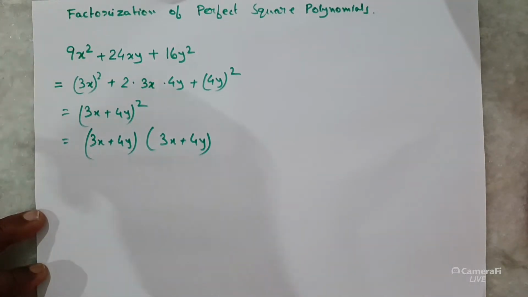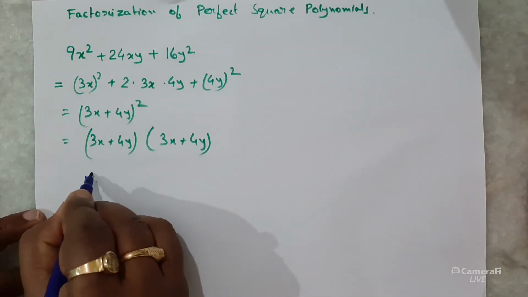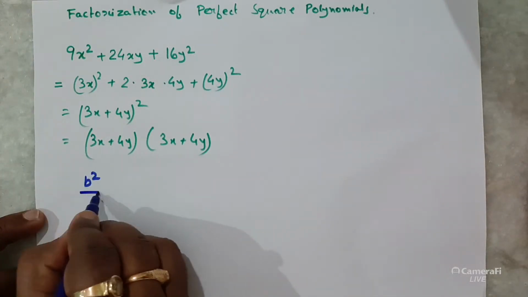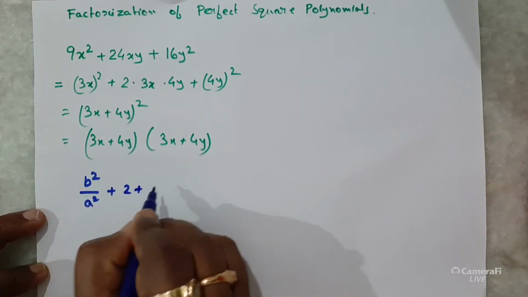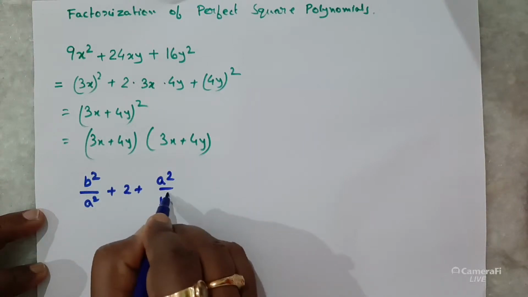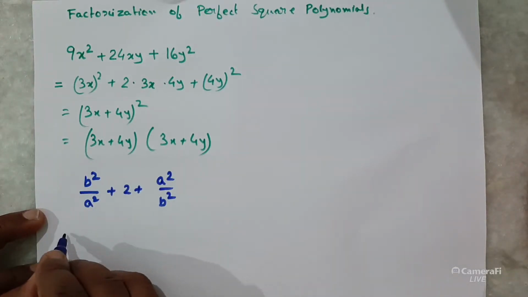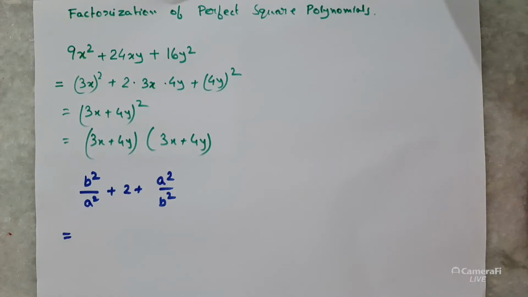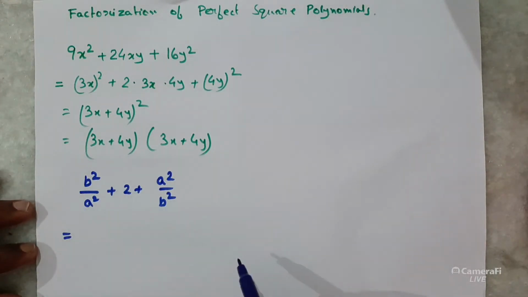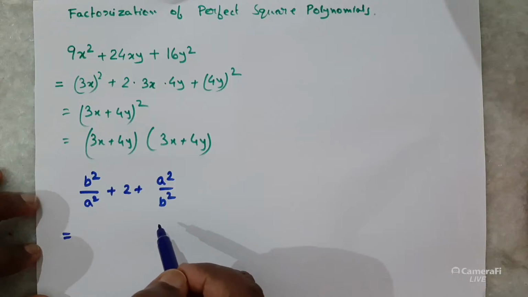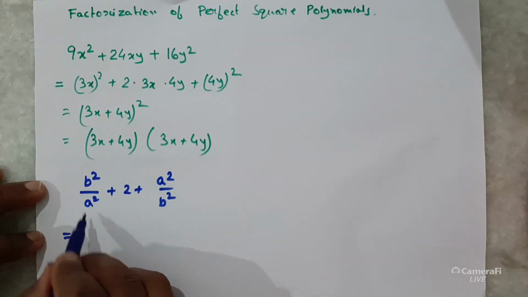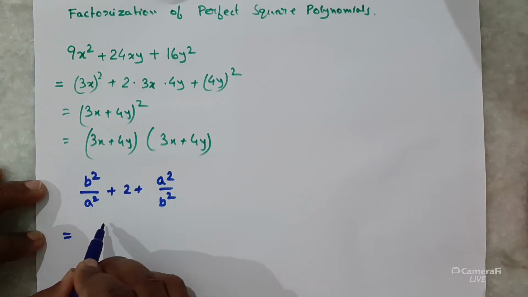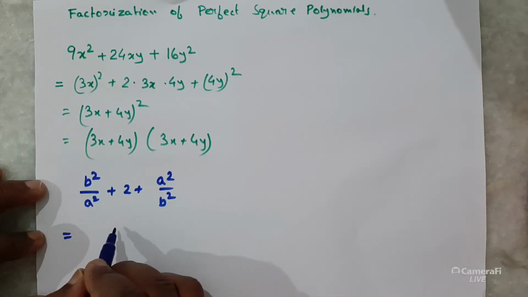Now let's see another type, that is b square by a square plus 2 plus a square by b square. Here it will be b square by a square plus 2 plus a square by b square. How are we going to solve this?